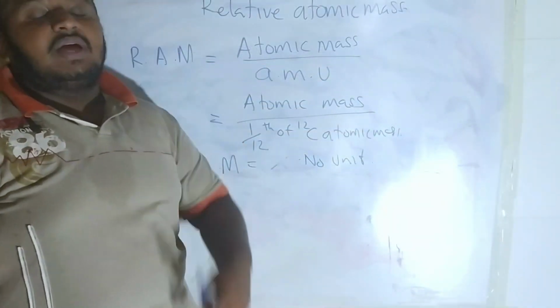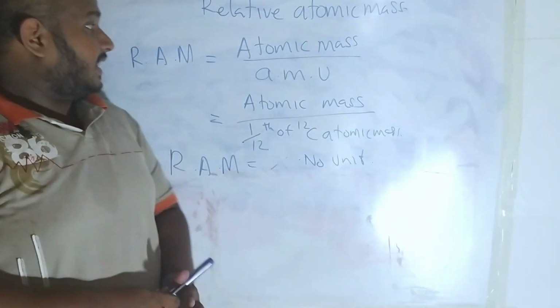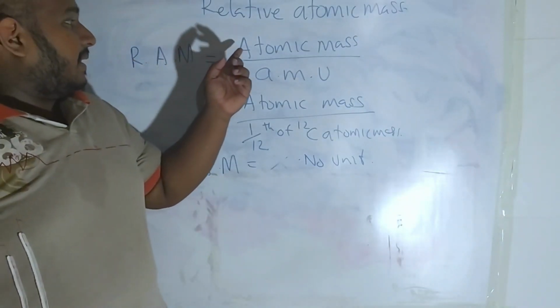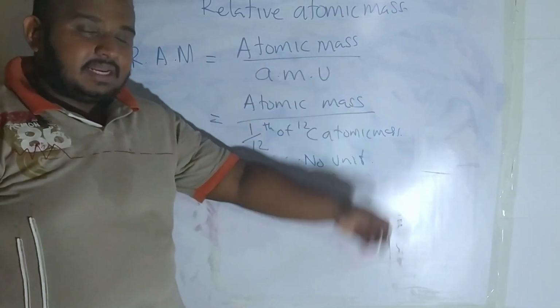So relative atomic mass has no unit. Relative atomic mass can be obtained by dividing the atomic mass by the atomic mass unit.